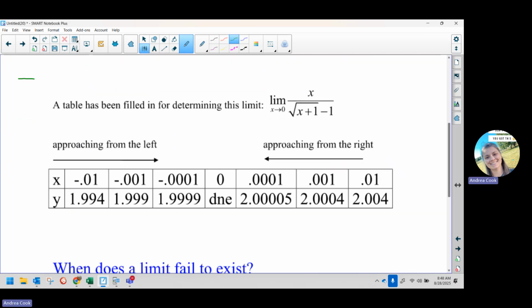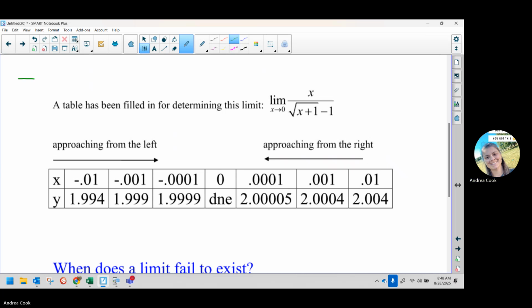Okay. All right, so this one, I filled out the table for you. So we are approaching from the left, our numbers below 0. Approaching from the right, our numbers above 0. At 0, it does not exist or it's undefined.